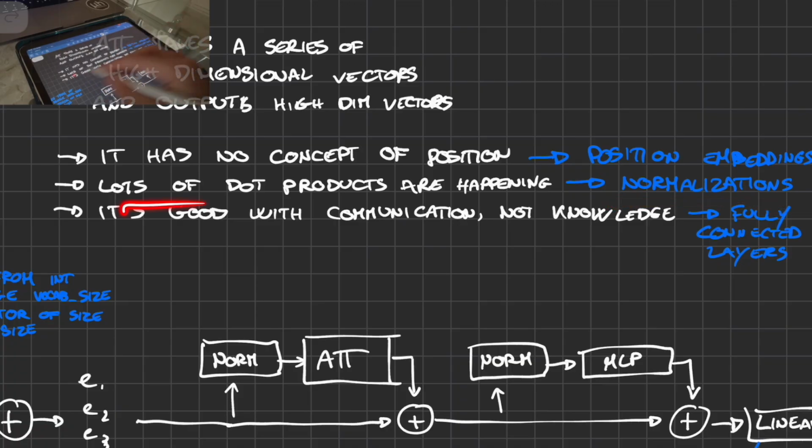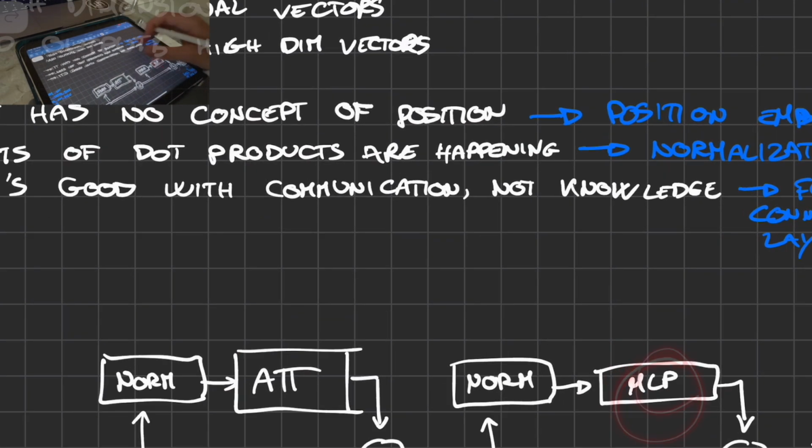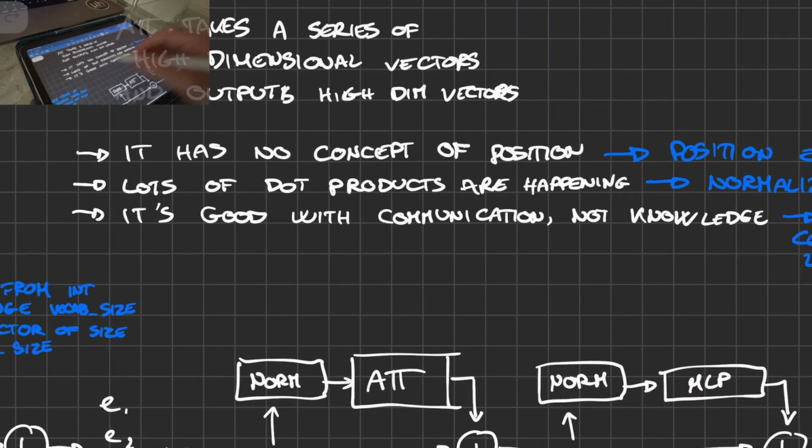Then we apply normalizations because there are lots of dot products in both attention and multi-layer perceptron, and we use a multi-layer perceptron because they are good with retaining knowledge. Attention is good with communication, MLPs are good with knowledge.